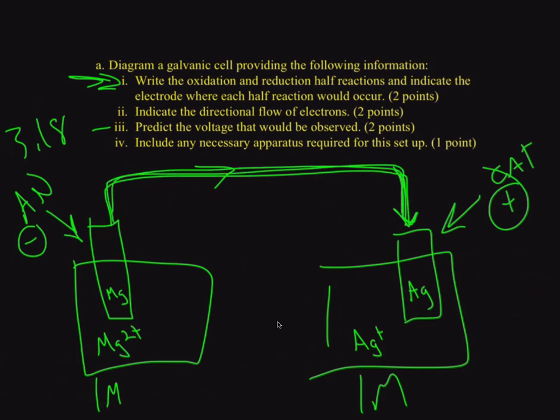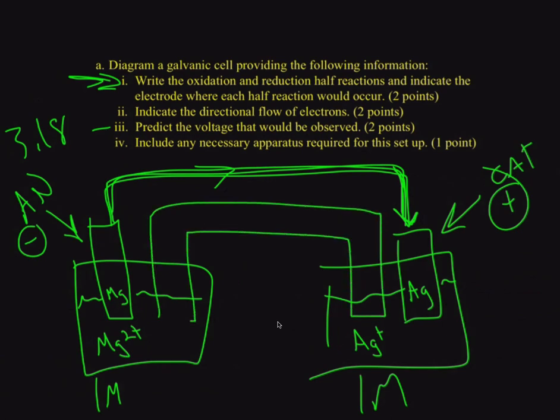And the one piece that's missing from this sketch is the way in which we maintain a balance of ions in the solution, and that is done by means of a salt bridge. So we're going to have this bridge connecting the two solutions, and inside that bridge we're going to have some sort of salt solution like a sodium nitrate, so that as magnesium ions build up at the anode, nitrate is going to flow into the solution to balance the charge.